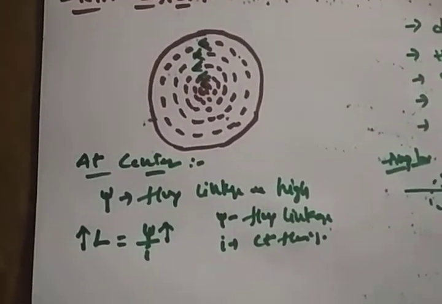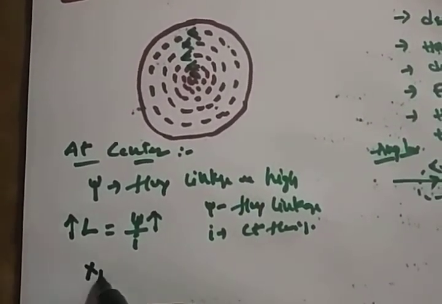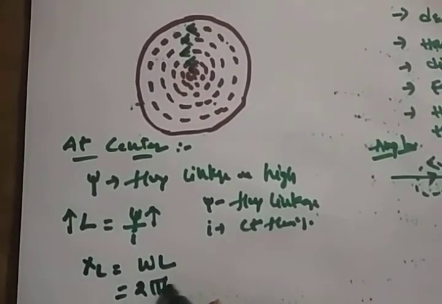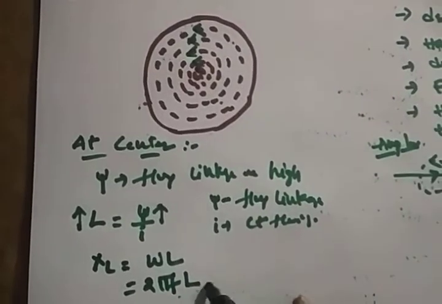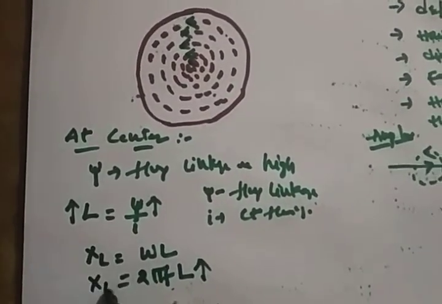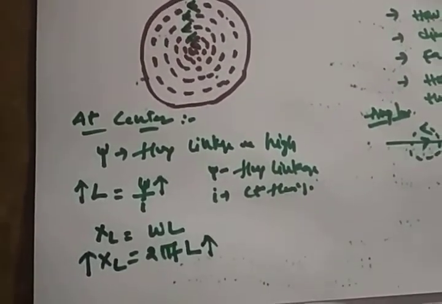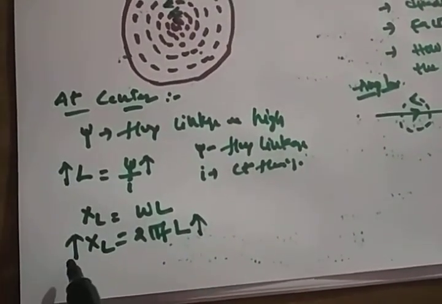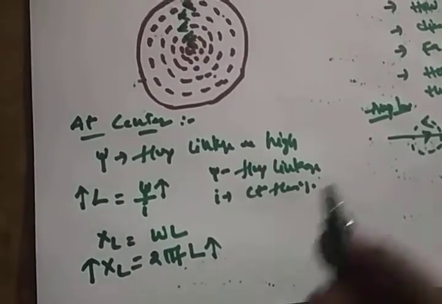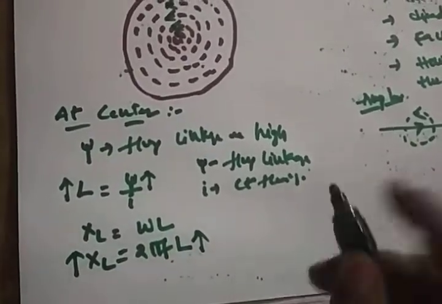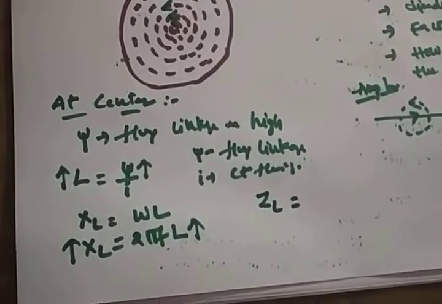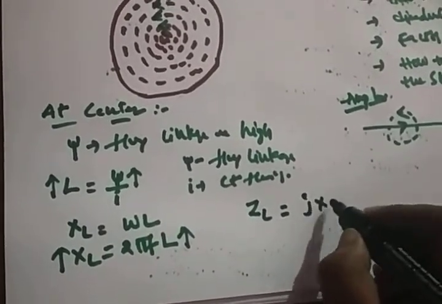Your inductance increases, what about the inductive reactance? Omega L, that is nothing but 2 pi f L, right? If inductance increases, inductive reactance also increases. I hope it's clear. If inductive reactance increases, what about ZL, the inductive impedance, jXL?